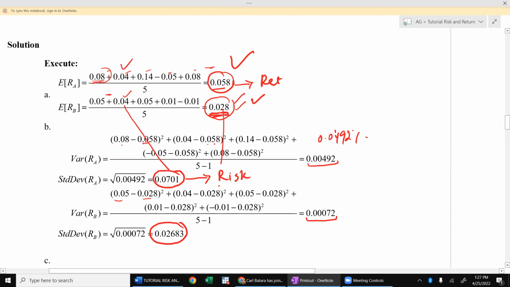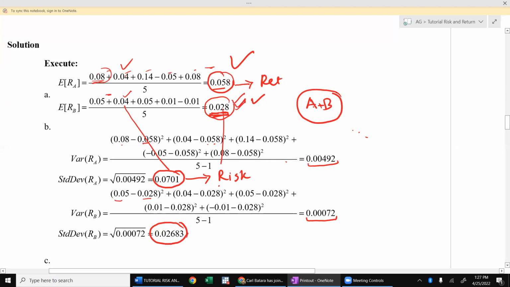Okay, my question to you is, if I make a portfolio of A and B, previously I calculated the return and risk of A individually, and the return and risk of B individually.